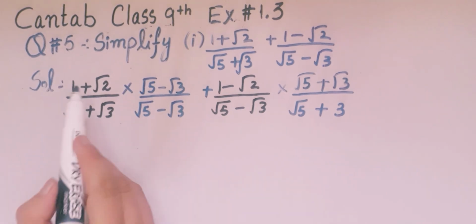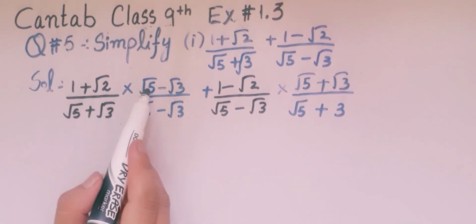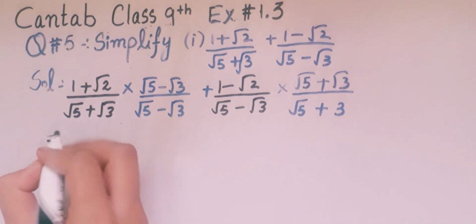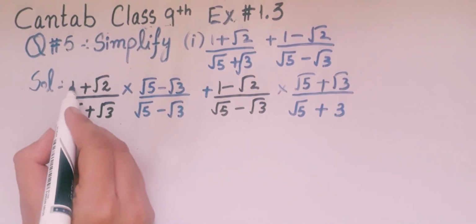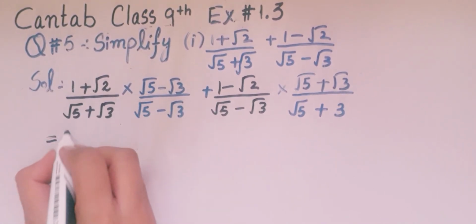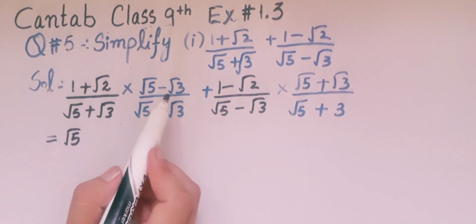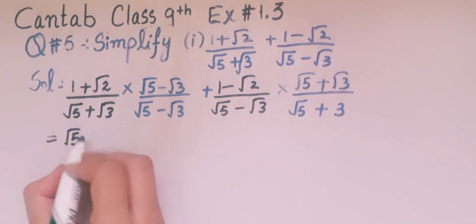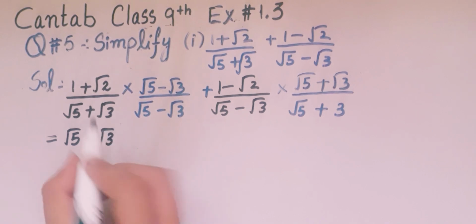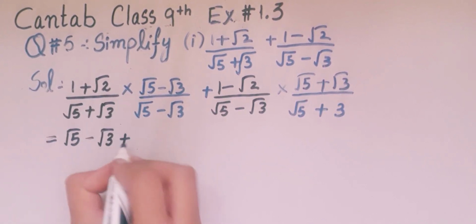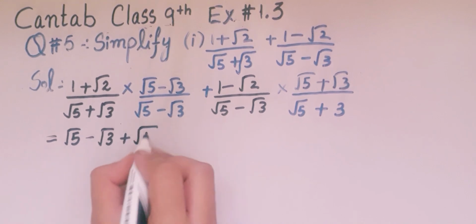We will multiply 1 plus square root of 2 by square root of 5 minus square root of 3. When we multiply 1 by square root of 5, we have square root of 5. When we multiply 1 into minus square root of 3, we have minus square root of 3. When we multiply square root of 2 into square root of 5, we have plus square root of 10.